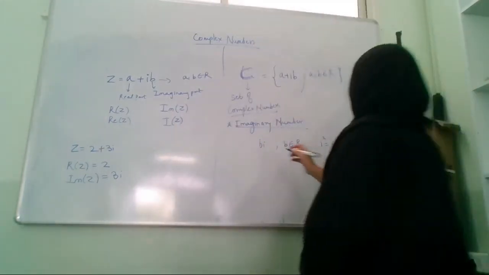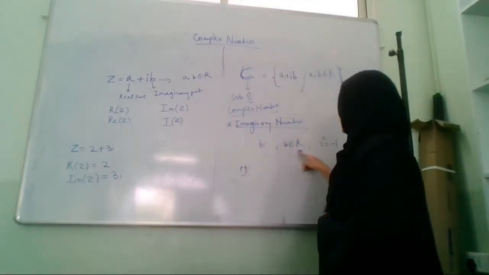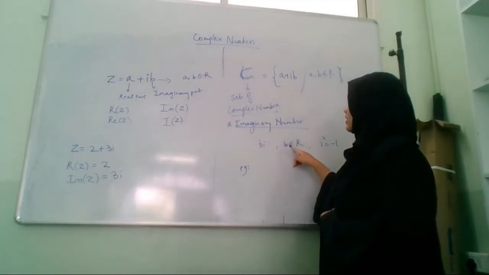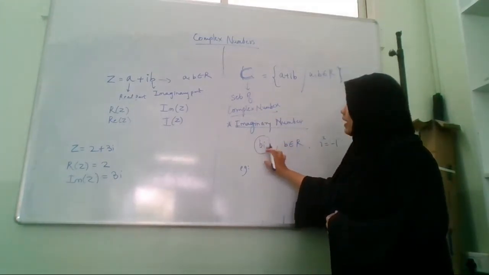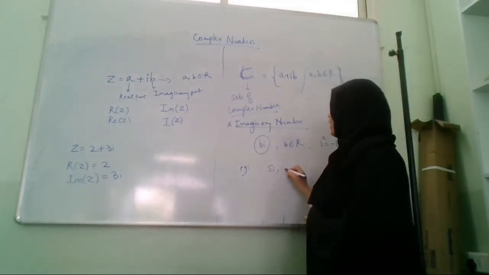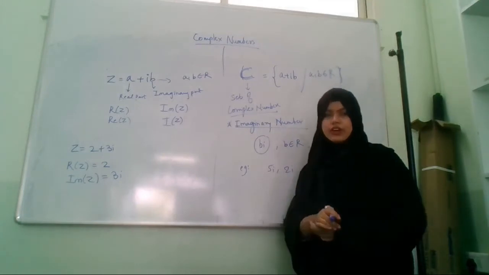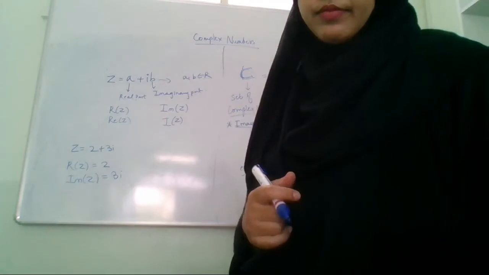So in this form, bi will be an imaginary number. For example, 5i, you can take 2i, etc. So these all are imaginary numbers.